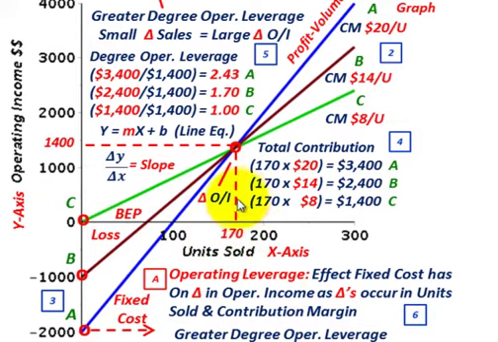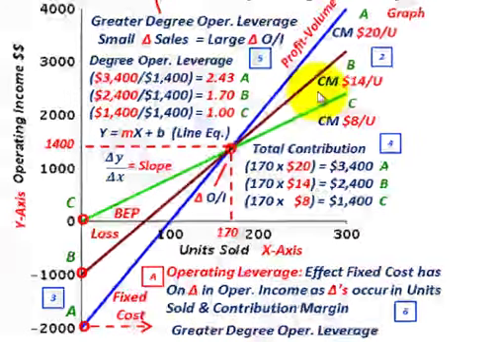So operating leverage is the effect that fixed costs have on any change in our operating income as changes occur in our units sold and also our contribution margin. Okay, so that's what we're going to be looking at.